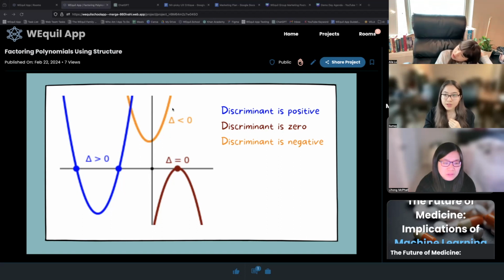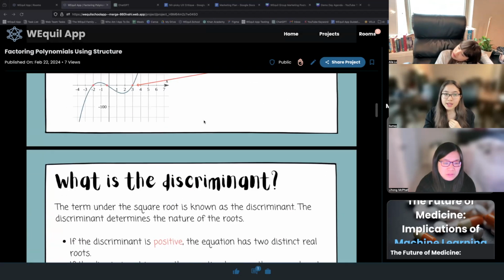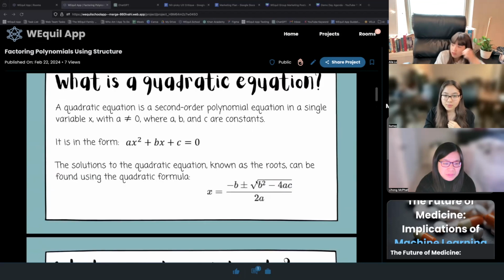So what is a discriminant? The discriminant is the section of the quadratic under the square root, if we plug the numbers into this quadratic formula.